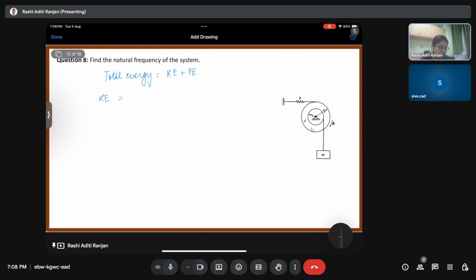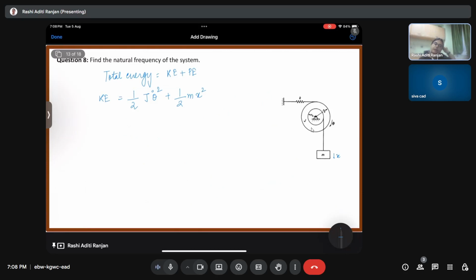One is J, the moment of inertia of the pulley, and second is due to M, the mass that is suspended. So we have half J theta dot square, then we have half M, let us say the movement of M is X.